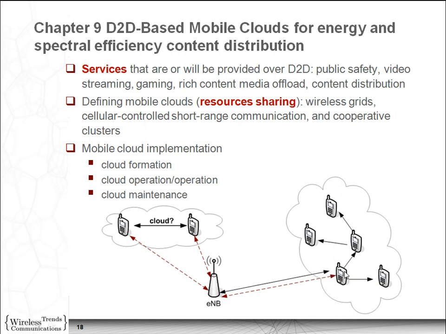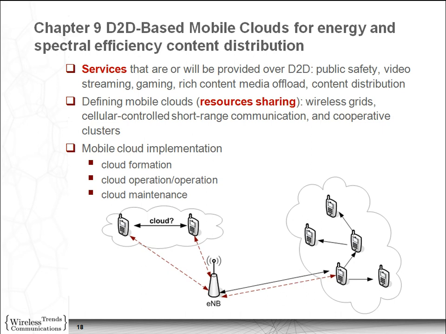So in that case, we're using this resource sharing concept in which the mobile cloud is not just to deliver information, but also the devices in proximity can actually exchange information, process information, and share that processed information among each other.